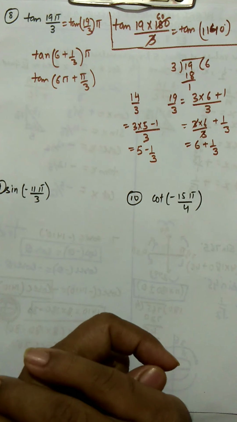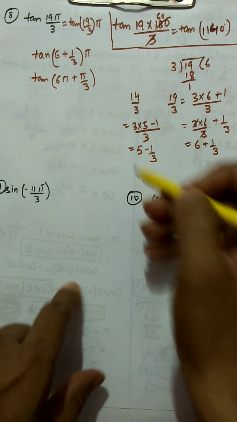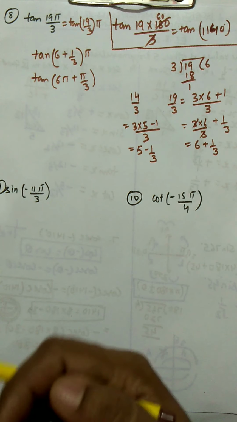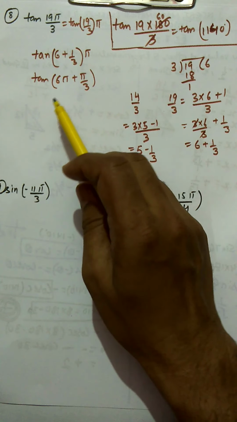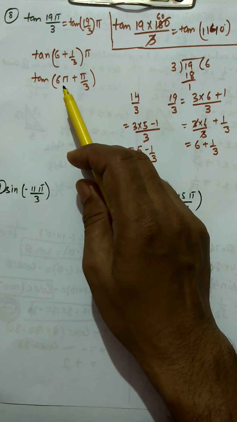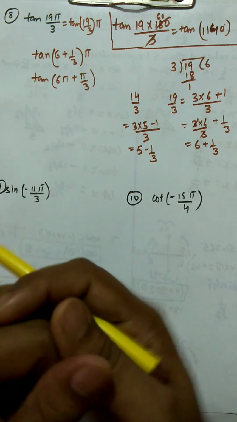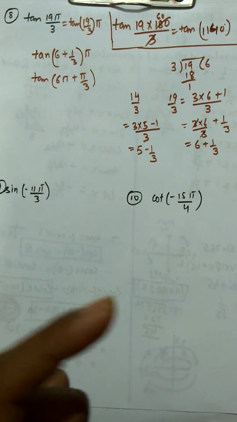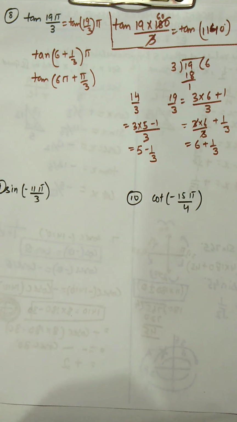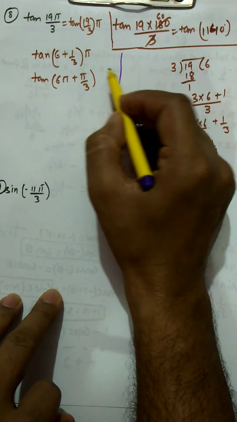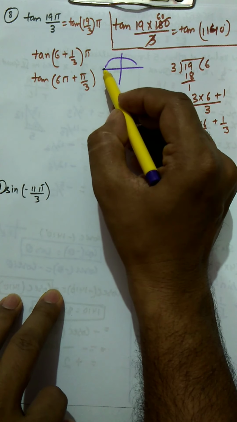So there are ways you can convert them according to the base, and you have to do that. Now 6 pi, you see, where are you reaching with 6 pi? You have to understand this. So I'm just making a rough figure, but you should understand how we are reaching this. 1 pi means you are reaching here.